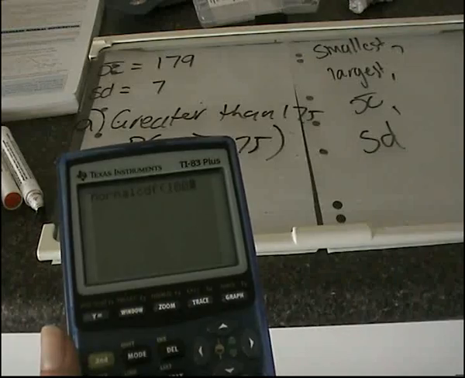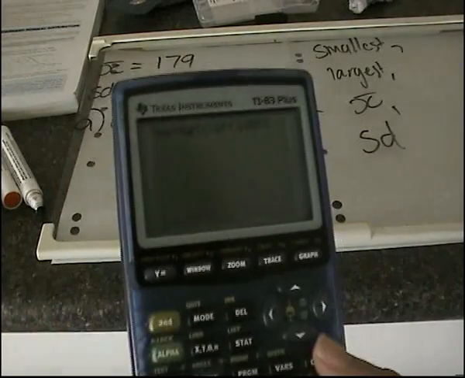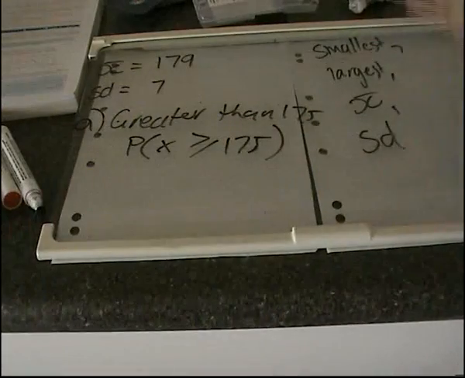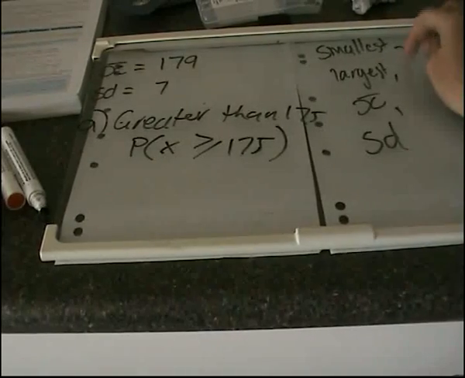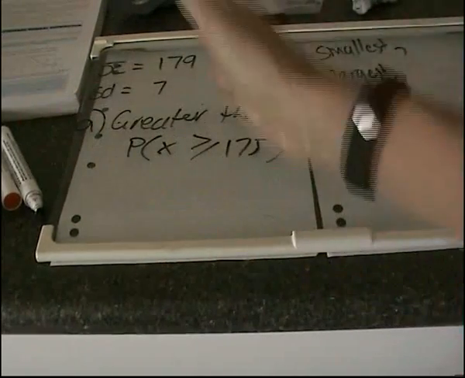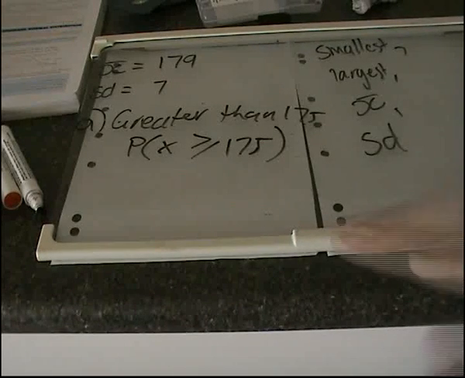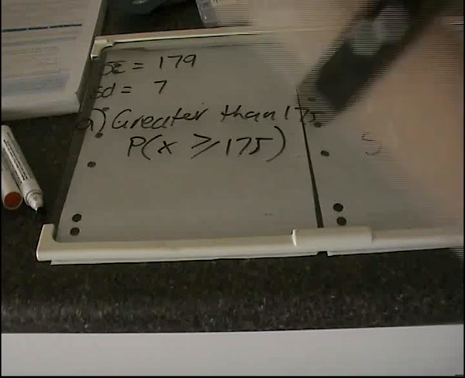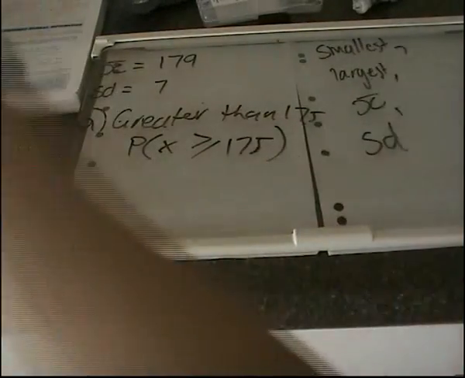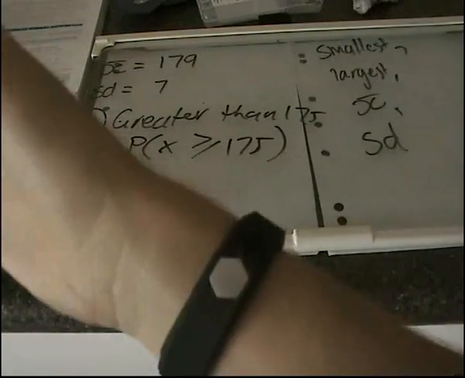Hang on, I've done that backwards. Forget what I just said. We're looking for the greater than 175, so we need to pick a number that is much bigger than 175. Sorry, my mistake. If we're looking for a number that is less than, we need to pick a number that is way less than whatever it would be.